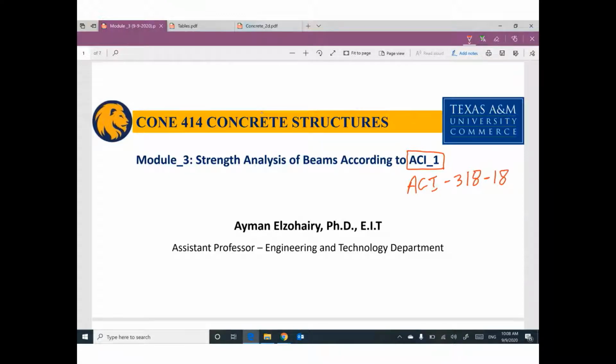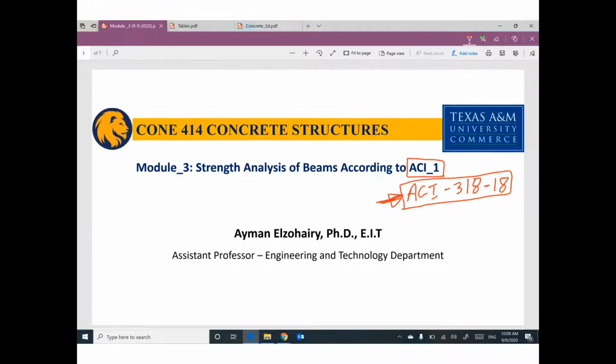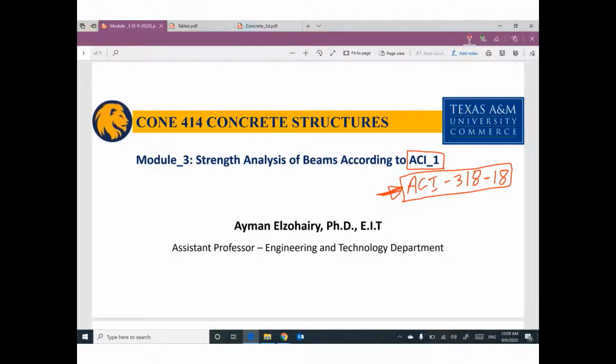If you have a chance to look at this standard, that will be great. If you have a chance to buy it, it will be a great chance. If you don't, I will provide you with everything. Don't worry. Everything related to concrete design is included. It's not my method. It's not my suggestion. No, it's the American Concrete Institute standard.